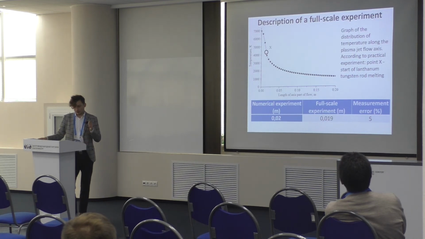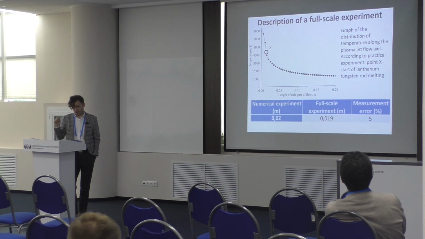Also, in the full-scale experiment, an optical pyrometer was used to measure the surface temperature of the free end of the rod. At the moment when the melting process begins on the rod surface, data from the pyrometer scale and the distance from the rod to the plasmatron were recorded.